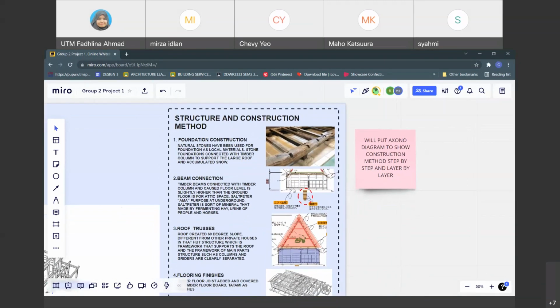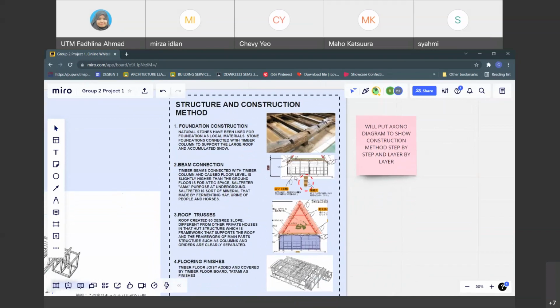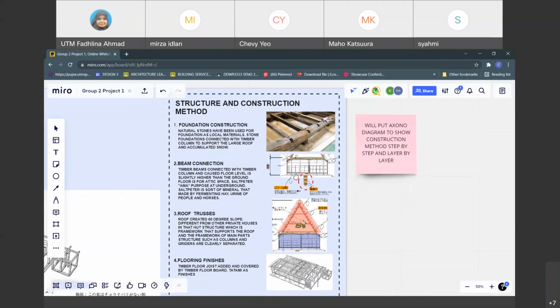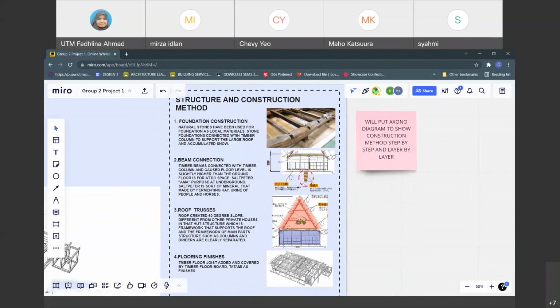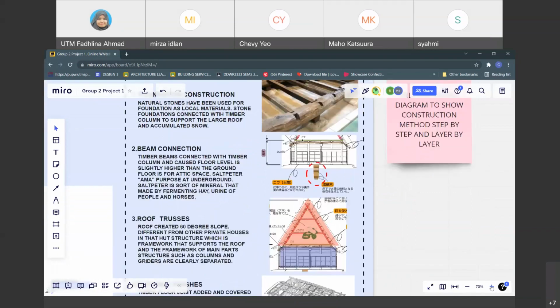And then the second one, after they build the foundation, they will build the beam, and then connect it with the timber columns. Also, as you can see in this picture, there is an attic space under here, let me zoom in a bit.